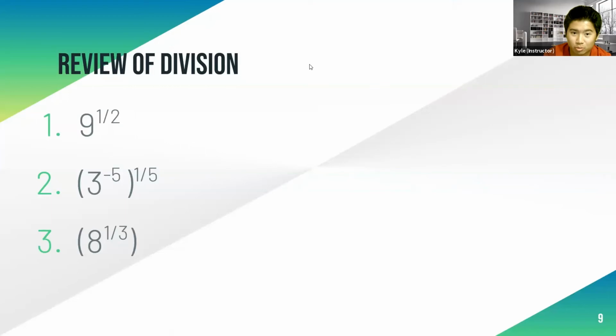So let's go on to the first question. Again, with 1/2, we think about the power of 2. Say we do 2 to the power of 2. This is 4, right? Now, if we do the opposite, what's 4 to the negative 1/2? Does anyone know? 2.